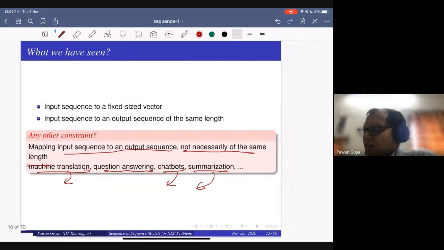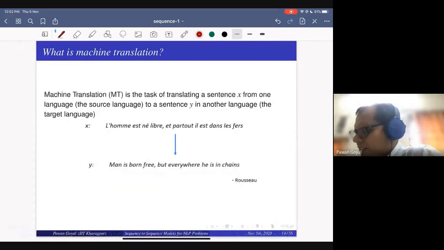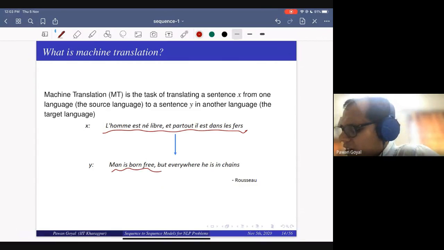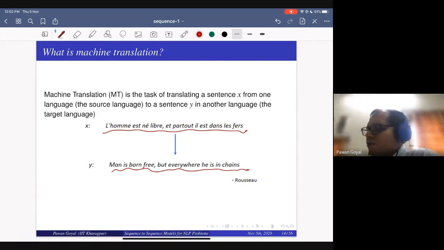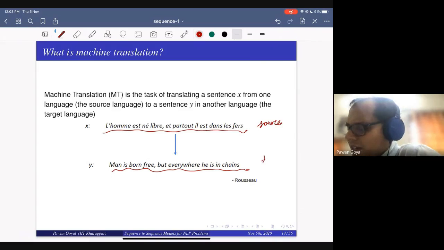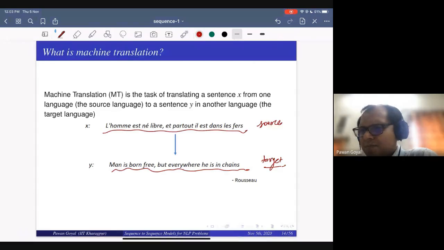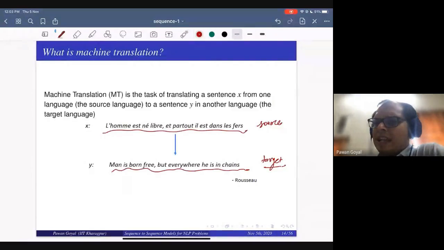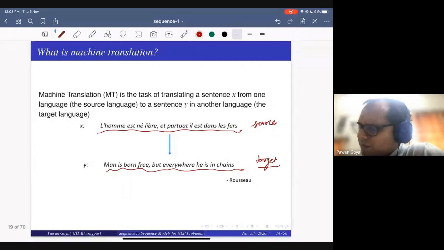So let's take the example of machine translation. You are given an input sentence, and you have to predict an output sentence, and that will be in some other language. So it's a source language, and you have the target language. Now, the question is, how do I handle a task like machine translation with the help of RNNs?